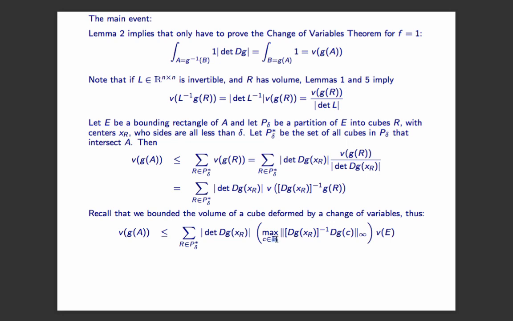That should be a regular R, not a real line R. Now here I still have the inverse of my derivative matrix evaluated at the center point times my derivative matrix evaluated at some c, where c gives me a maximal value of this norm in the infinity norm, times the volume of E.